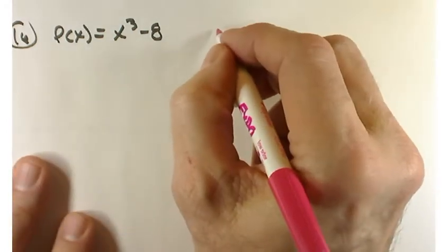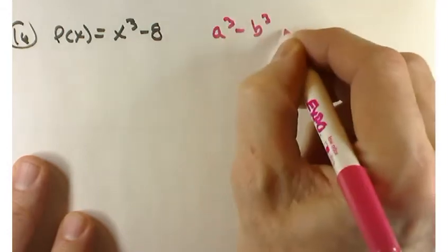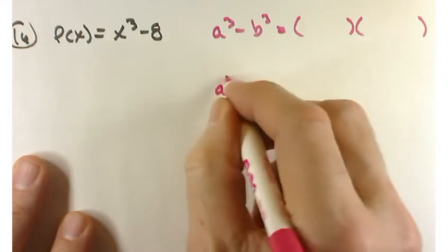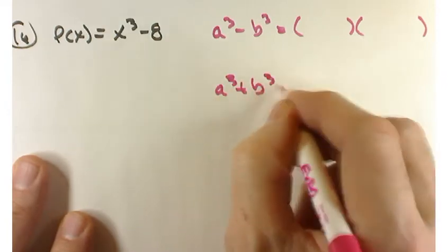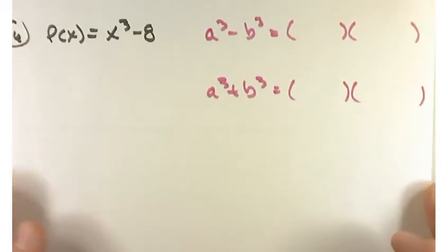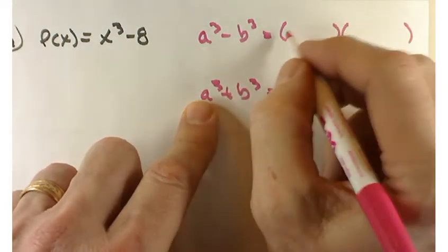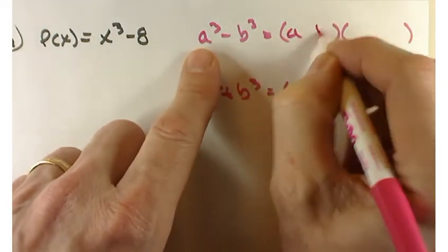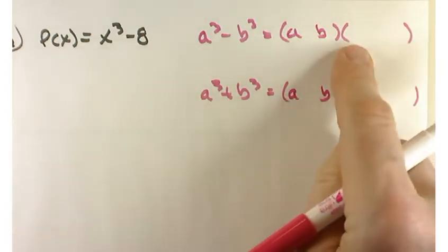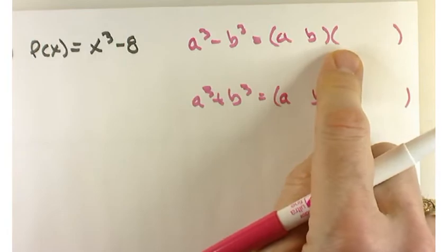So difference of cubes. That's going to be a cubed minus b cubed. And we can also look at the sum of cubes. The reason I want to write these down together is because there are some similarities. With the difference or sum of cubes, you start out with what do you cube to get each of these? An a and a b. So you're going to have a binomial. But then that binomial is going to be multiplied by a trinomial.